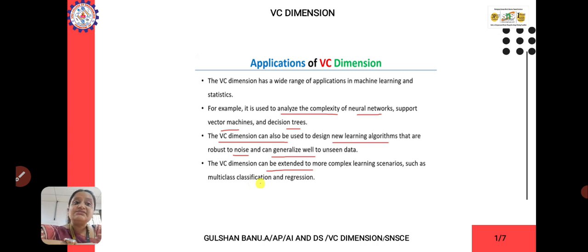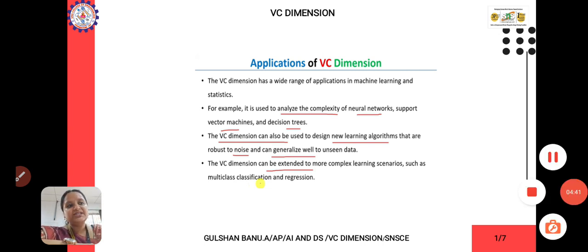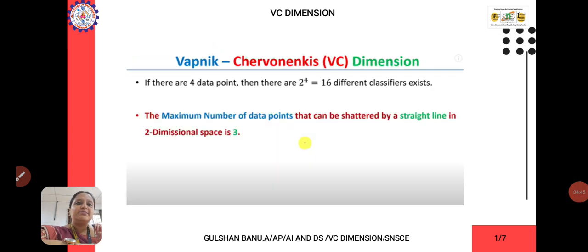This VC dimension can also be used to design new learning algorithms. It can be robust, or it can generalize to different kinds of unseen data. The VC dimension can be extended to more complex learning scenarios such as multi-class classification and regression. These are the different processes associated with the VC dimension.